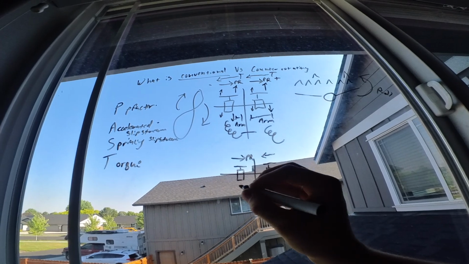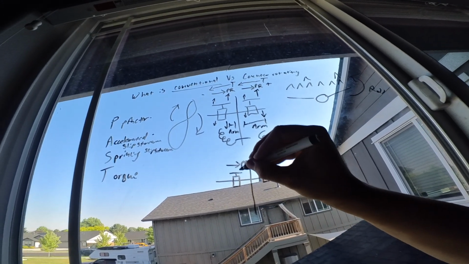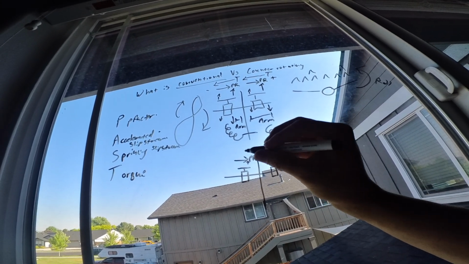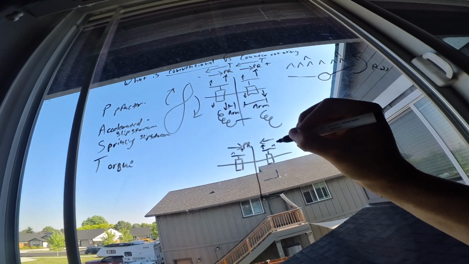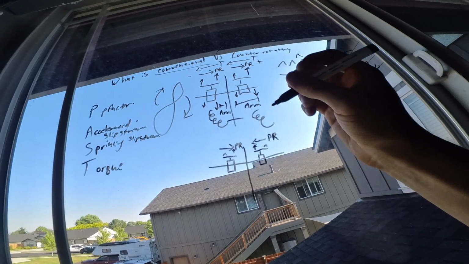So yeah, it's literally the opposite. The downward moving blade is going to be on this side, and the downward moving blade is going to be on this side. We'll do little triangles to kind of represent that because I did a bad drawing.